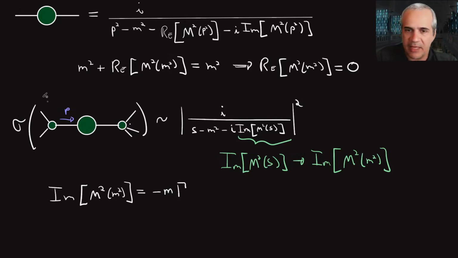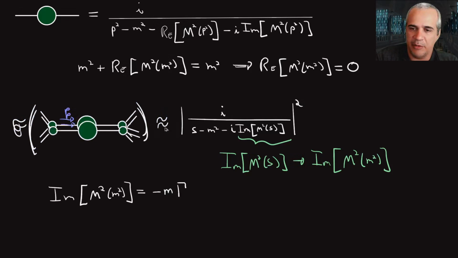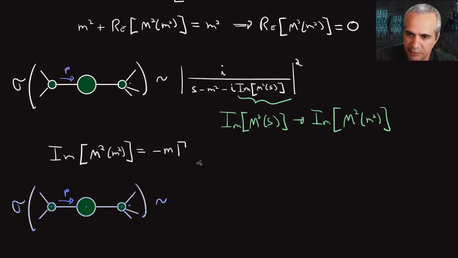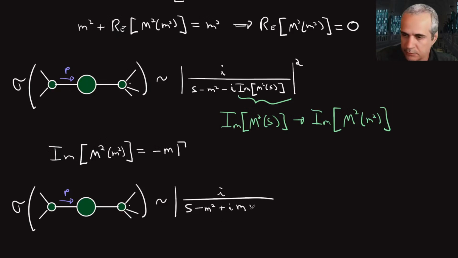So in that case, this cross section can be written in this way. Let me just rewrite it. This is i over S minus m squared plus i m times the width. Here I'm talking about the total width, because again the one-to-one scattering is just related to the total width.